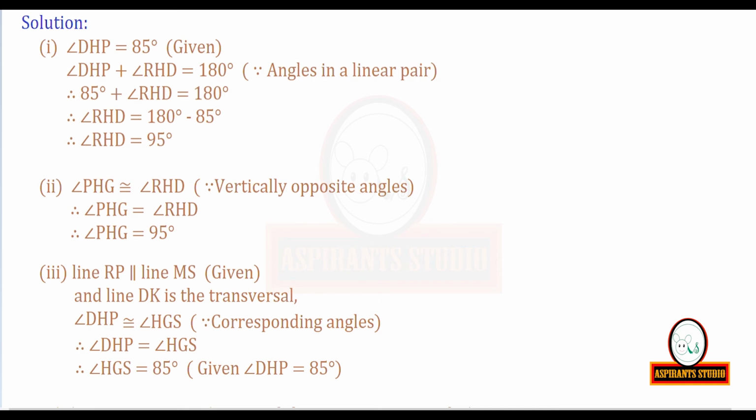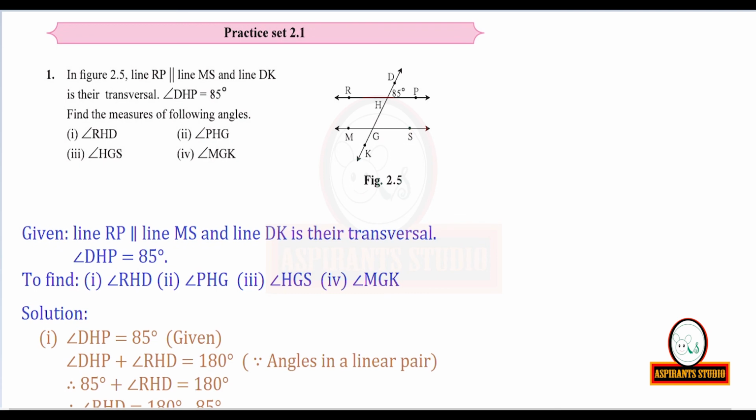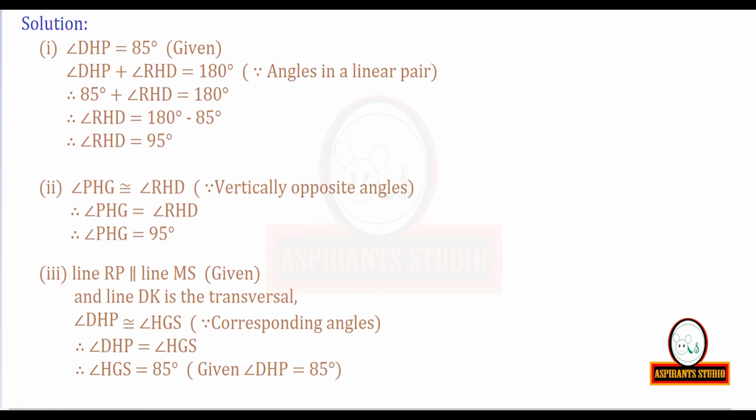Look at angles DHP and angle HGS in the figure. They are corresponding angles. So measure of angle DHP will be equal to measure of angle HGS because the corresponding angles are congruent.